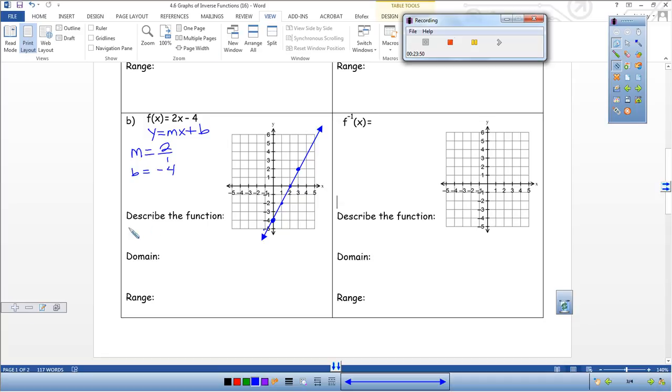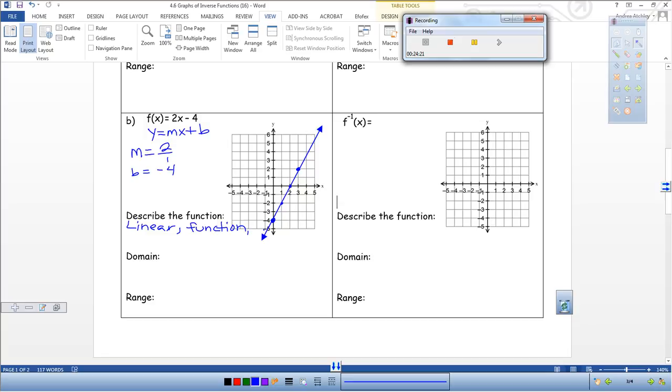Okay, so we've already talked about this being linear. Is this a function? Yes, it's a function. Is this line increasing or is this line decreasing? Increasing. All the time or some of the time? All the time. As x gets bigger, y is constantly getting bigger.